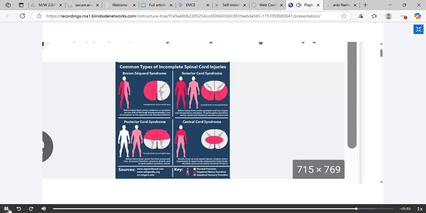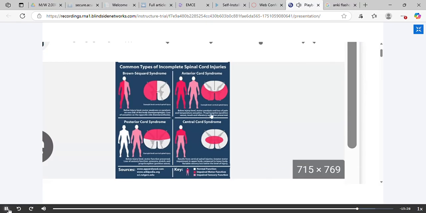So anything below the level of the injury, pretty much everything, is affected. Motor paralysis, loss of pain and temperature sensation, but they know what position they're in.